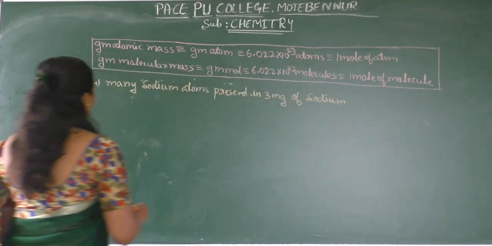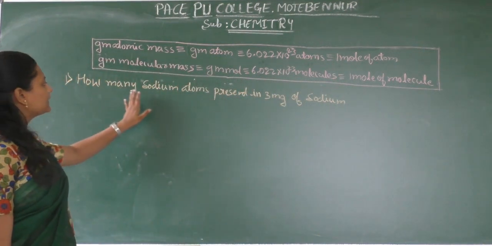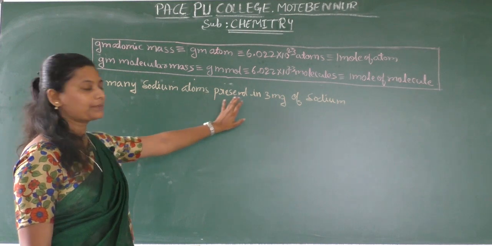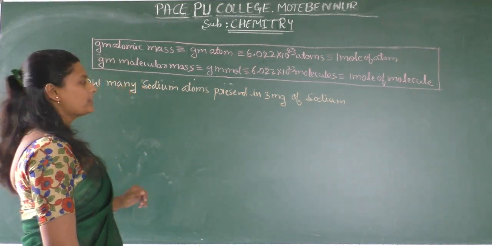So here we have to calculate the total number of atoms which are present in 3 milligrams of sodium.